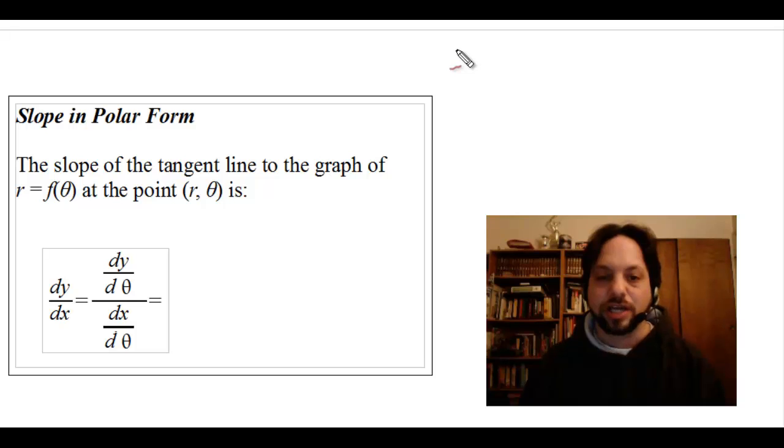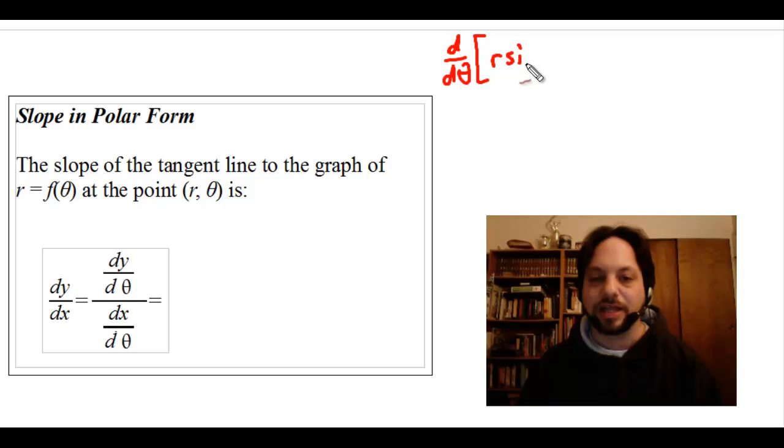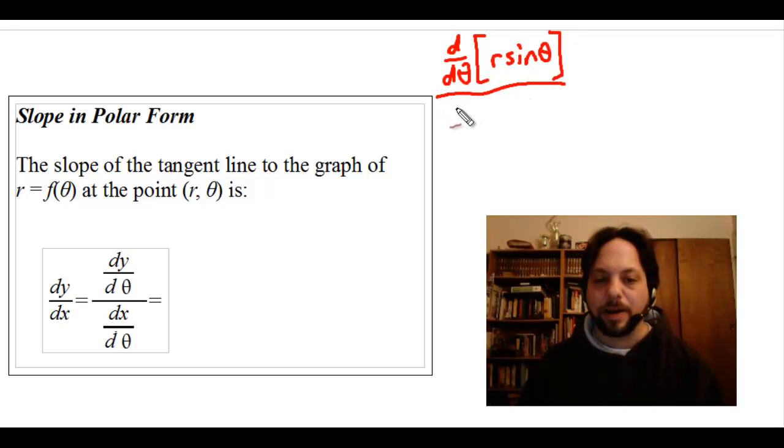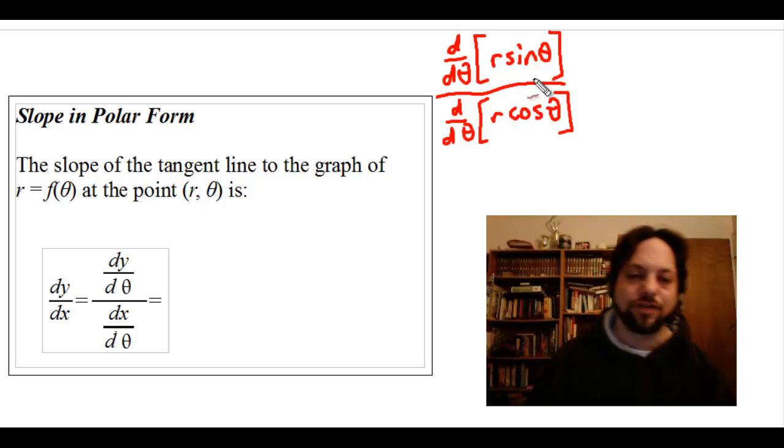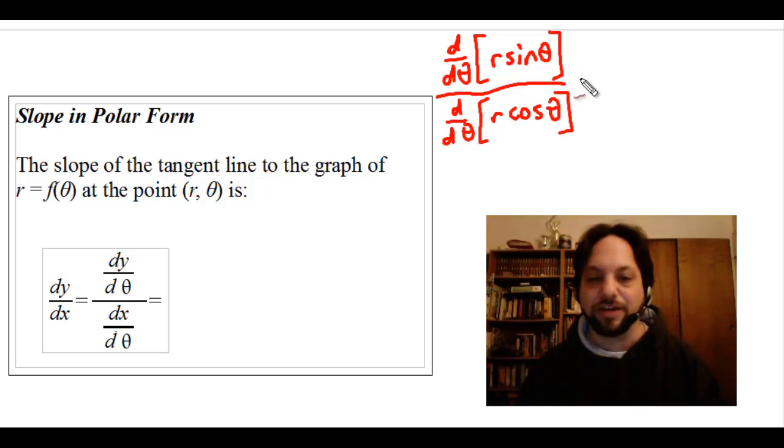So essentially, it's going to look like this. We're going to find the derivative with respect to theta of y. Now remember that y is simply r sine theta. And we're going to divide that by the derivative with respect to theta of x. And remember that x is r cosine theta. If you remember this little fact, none of this is really that difficult.